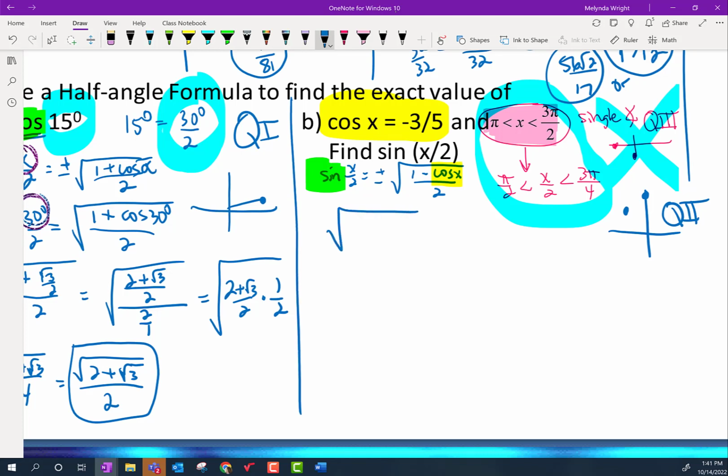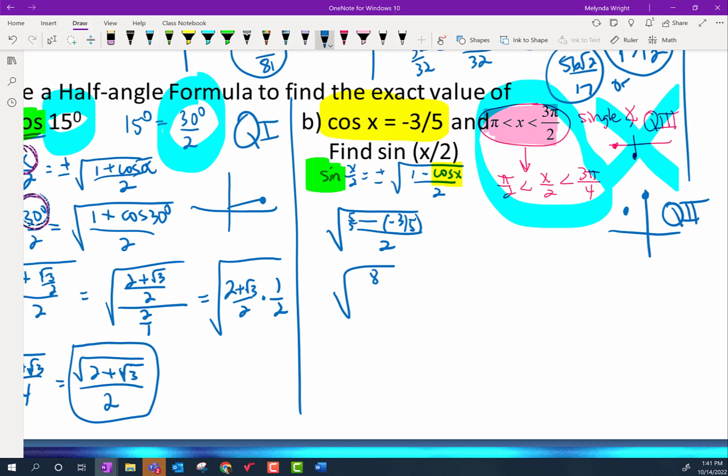So the positive radical, 1 minus cosine, and we know cosine is negative 3/5 because they gave it to us already. And now it's just a matter of arithmetic. So let's see, I'm going to turn this 1 into 5 over 5. So I have 5 over 5 plus 3 over 5.